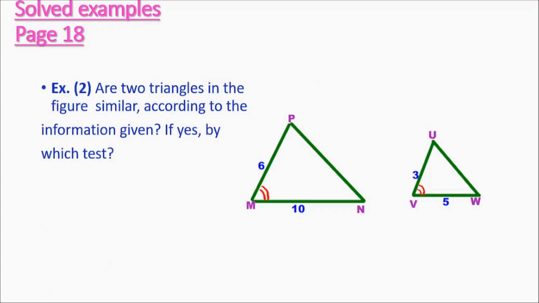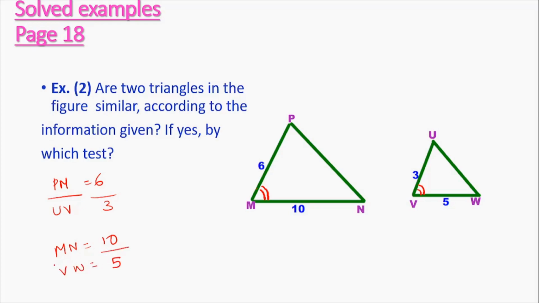The next question is, are the two triangles in the figure similar according to the information given? If yes, by which test? So what is the information given? They have given PM is 6, UV is 3, MN is 10 and VW is 5.